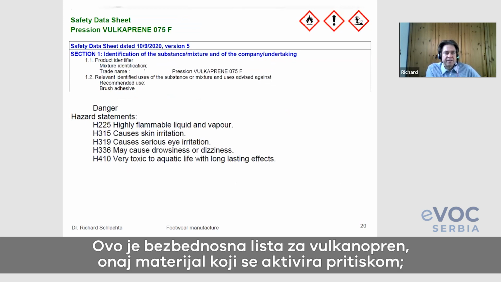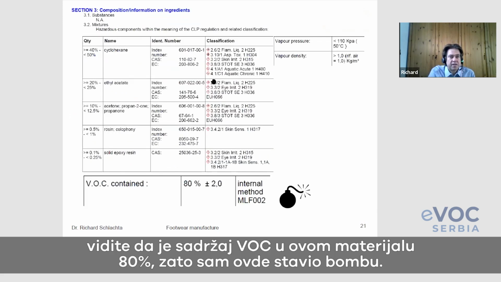Here is a safety data sheet for a pressure-activated material, that is a material that is activated by pressure. Yes, and here you see the typical materials and the VOC content. You see it's 80%. That's the reason I made a bomb here.